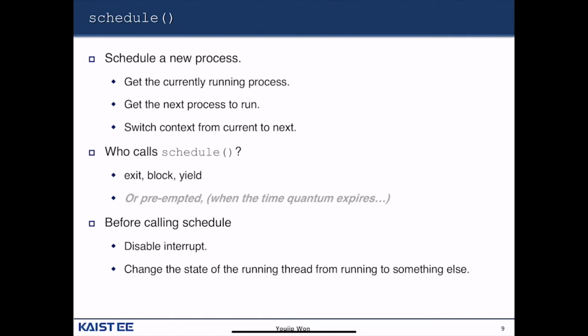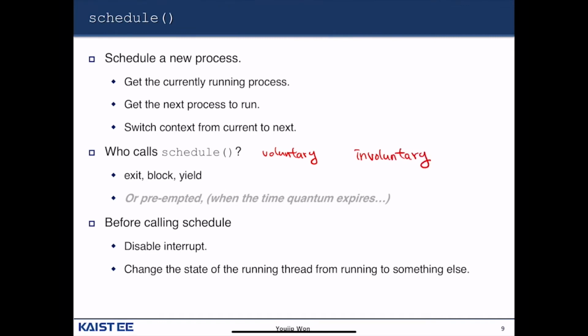Then who calls schedule? The question is equivalent to asking how the process releases the CPU. There are 2 reasons. The first one is voluntary release, and the other one is involuntary release.